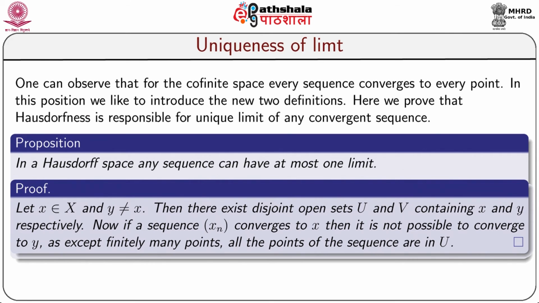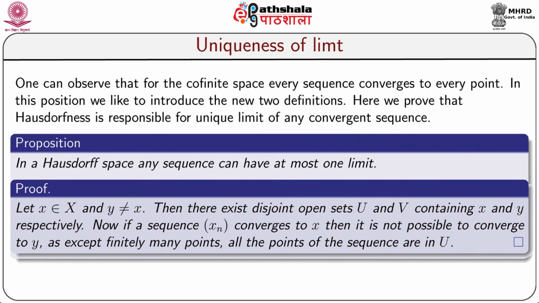Now, we observe that in a cofinite space any sequence converges to any point. Why does this happen? This happens because a cofinite space is not a Hausdorff space, but in a Hausdorff space a sequence can converge to at most one limit.